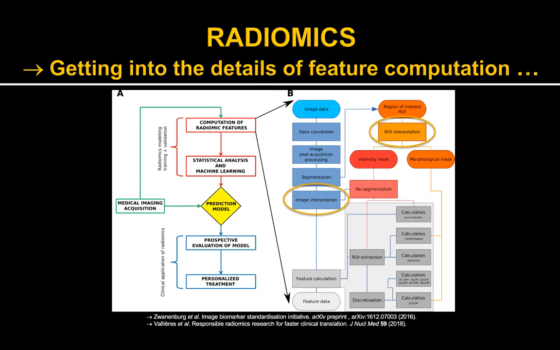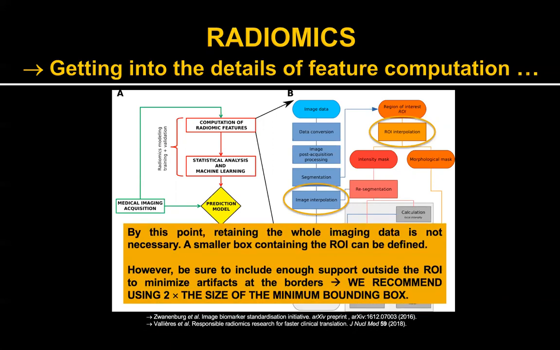But once we have that, the first real step in terms of image processing is the interpolation of our imaging volume in order to get isotropic voxel size, because many different features that we're defining need to have the same distance in all 3D space directions. So the first step to have sensible imaging features is to do interpolation to get to isotropic voxel size.